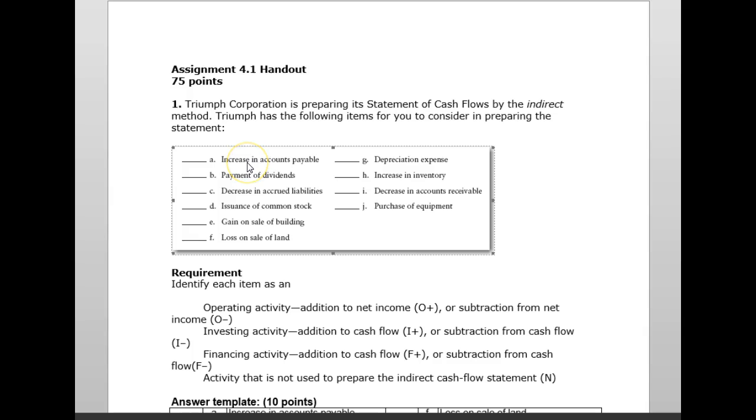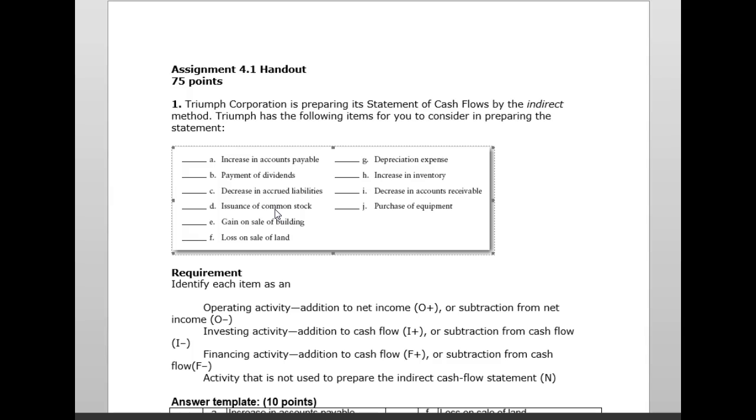An increase in accounts payable increases cash flow. So the opposite effect, if that's a decrease of a liability, that's going to decrease cash flow in the operating section.